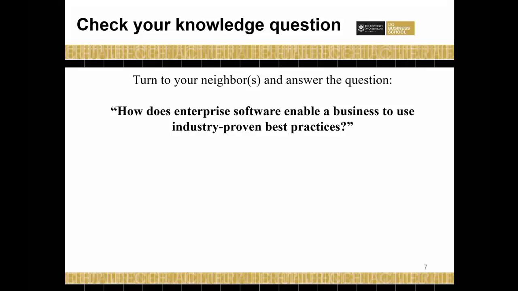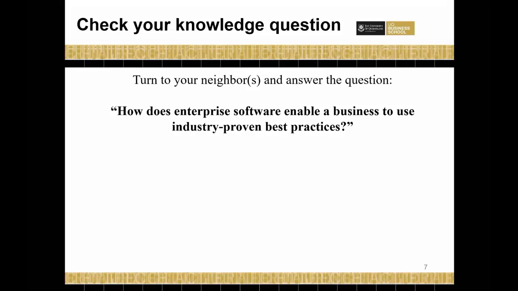The answer is that ERP vendors, those companies that sell ERP systems, put a lot of time, effort and research into developing their ERP system based on knowledge on how to do certain business processes. So ERP vendors conduct a lot of research with organizations, with companies in the field, to identify what is best practice to do a business process.